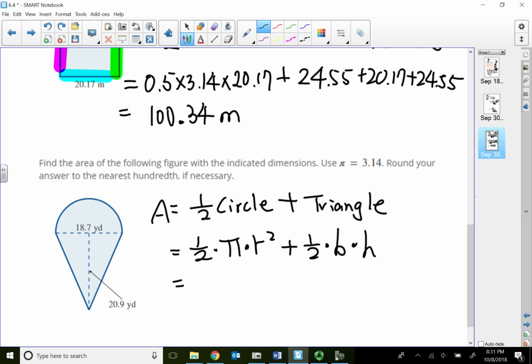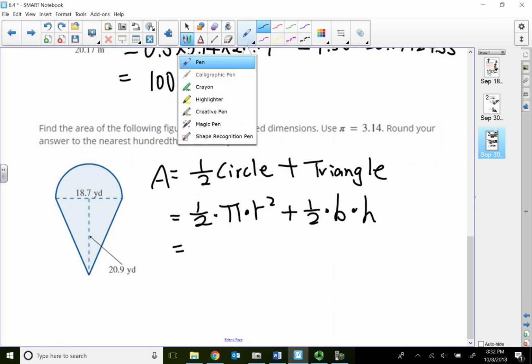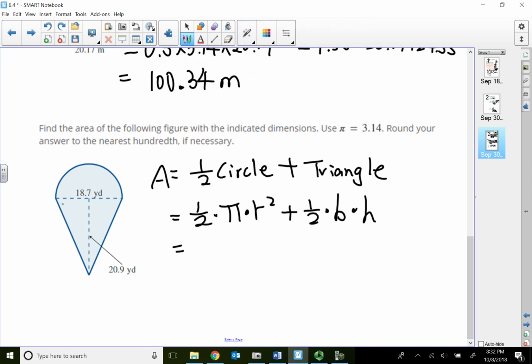So let's check it out. What we got here? The 20.9 on this dashed line got to be referring to the height of my triangle. Now at the same time, this 18.7 got to be the base of my triangle.